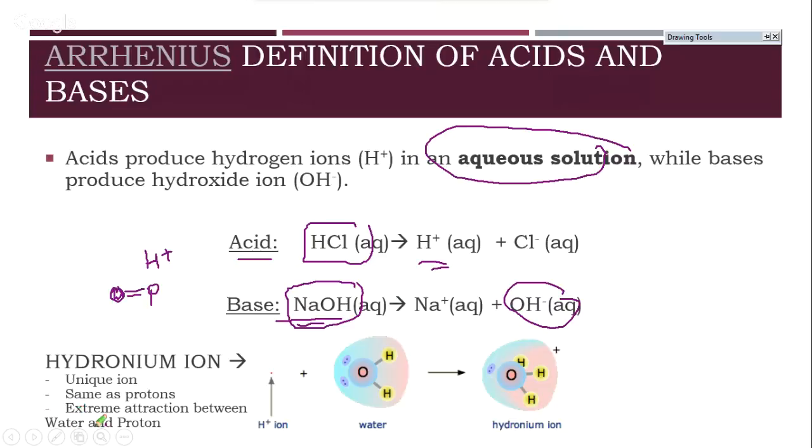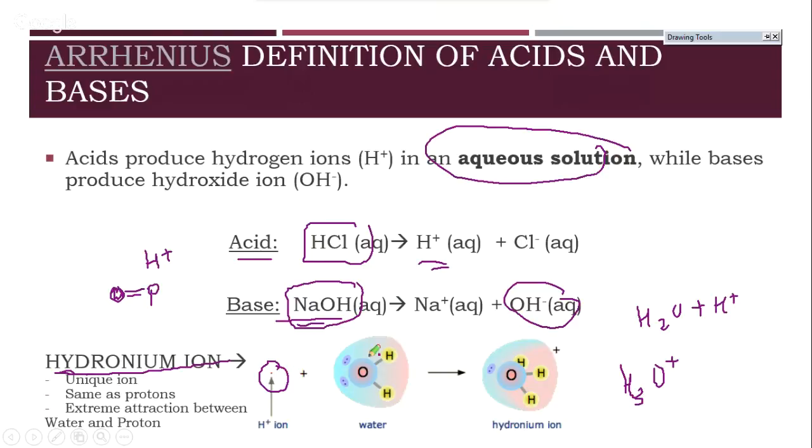So most of the time we do not consider H plus in its H plus form, but we consider an attraction between H plus and water to talk in terms of a hydronium ion. And the hydronium ion is nothing but H3O plus, which is an H2O plus a hydrogen ion, which is a proton. So this small proton that you can see here, I've just relatively tried to put up a size. It's so tiny.